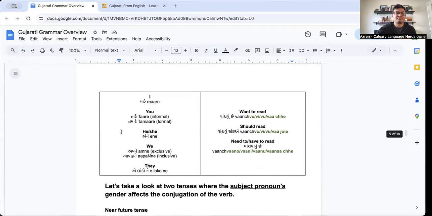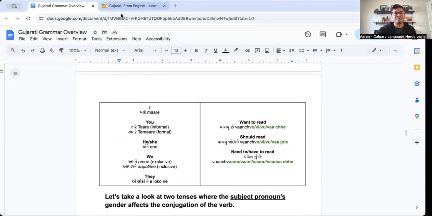So for example, if I said I want to read a book, mare chopri vanchvi che. Vanchvi, because chopri is feminine.